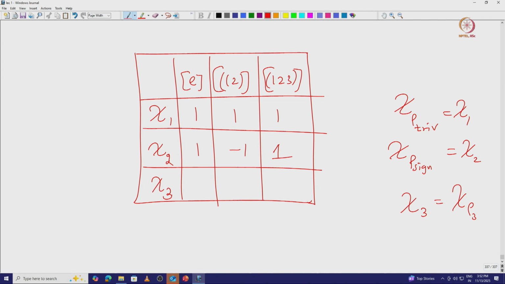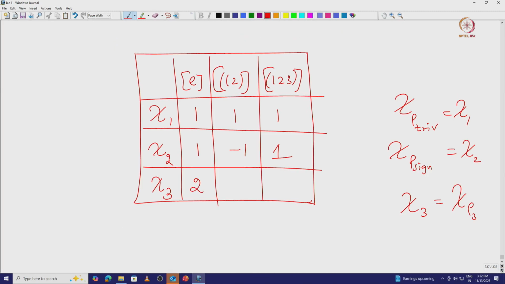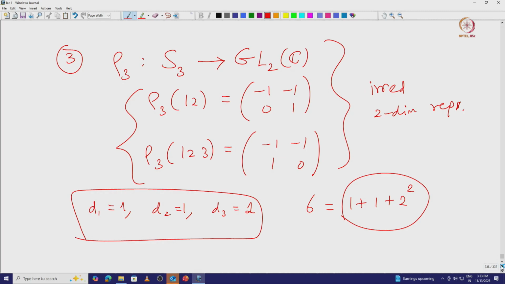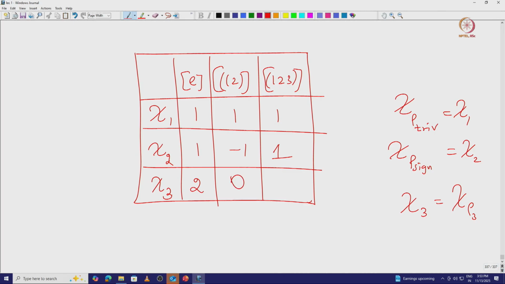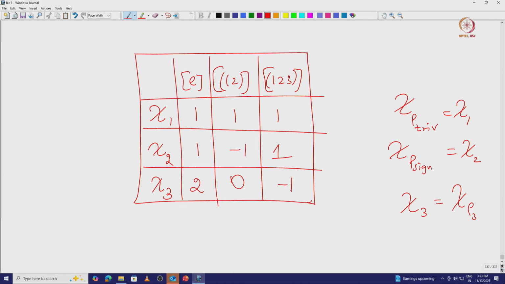Similarly, if we go back to this representation, identity is mapped to identity, so chi 3 of identity is 2. Chi 3 of (1 2) is the trace of this matrix, which is -1 plus 1, which is 0. And the trace of this matrix is -1 plus 0, so that is exactly -1. This is the character table of S3.